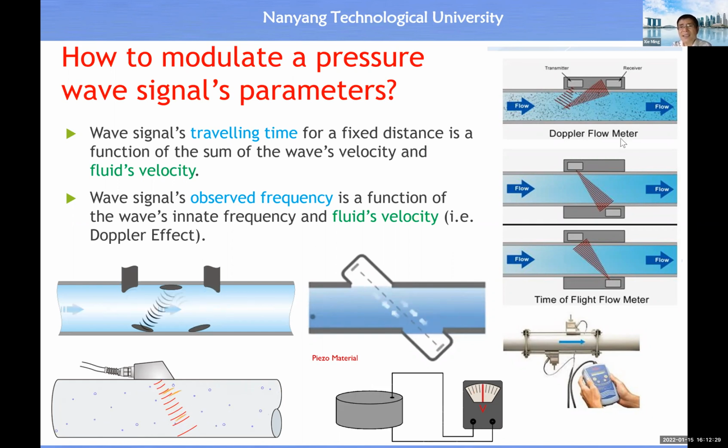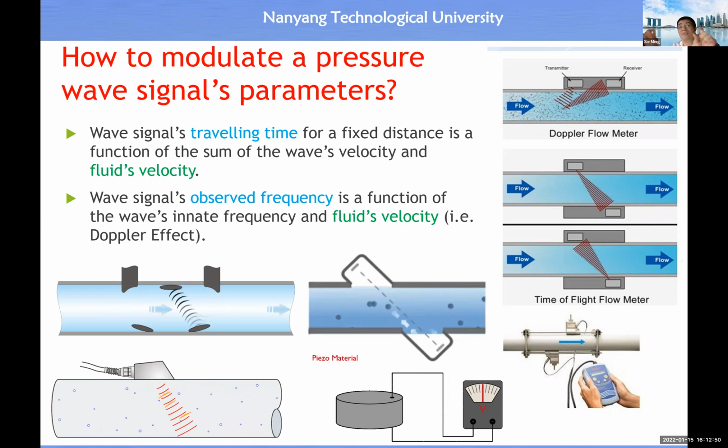Then in this case, we must capture the received wave signal in the form of a time function of the voltage, okay? Convert the time function of the voltage into a digital signal. Then we do a Fourier transform to know the received frequency.